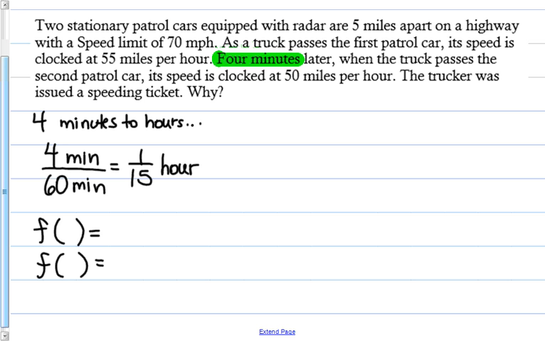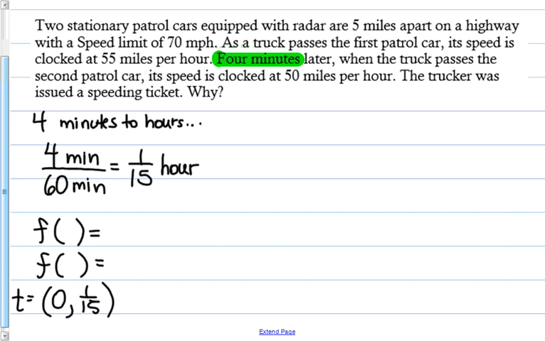So I need an interval. My interval is going to be time. It's going to be from 0 hours to the 4 minutes, which is just 1/15th of an hour. And that's going to be my interval.